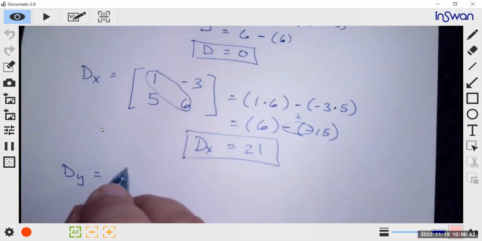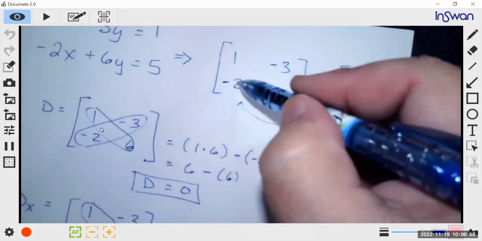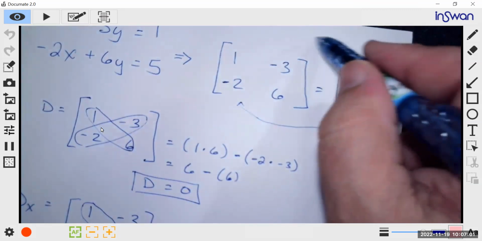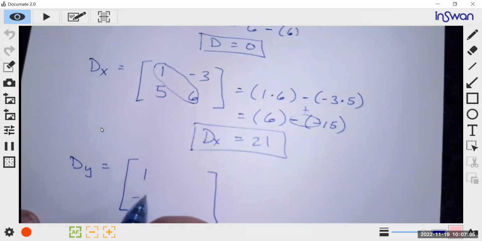Now Dy. Remember, for Dy, I leave the x values alone and put the answer in the y column. So 1, negative 2, 1, 5.